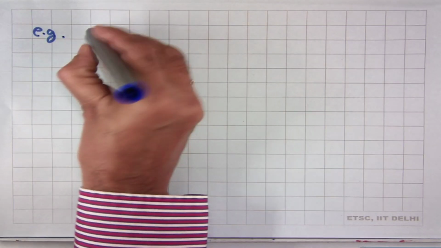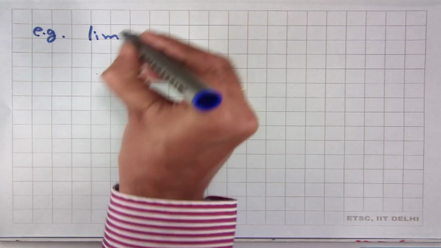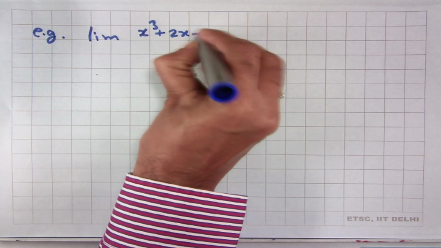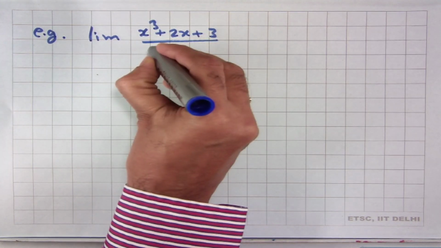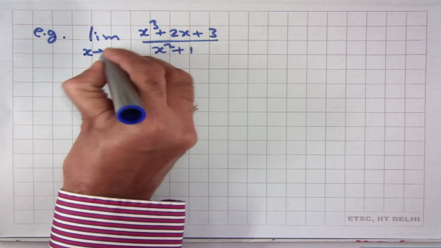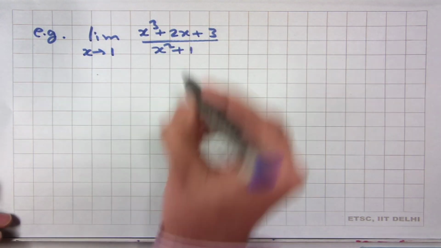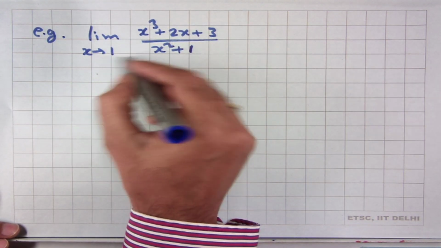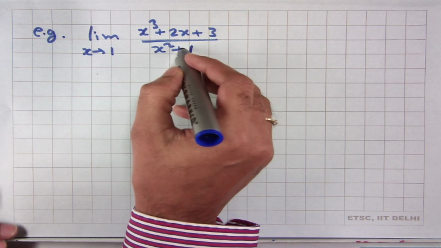So, for example, if we have to calculate the limit of, say, x cube plus 2x plus 3 divided by x square plus 1 as x approaches 1. So, here first you see what is the limit of the denominator as x approaches 1. x square plus 1 is a polynomial.